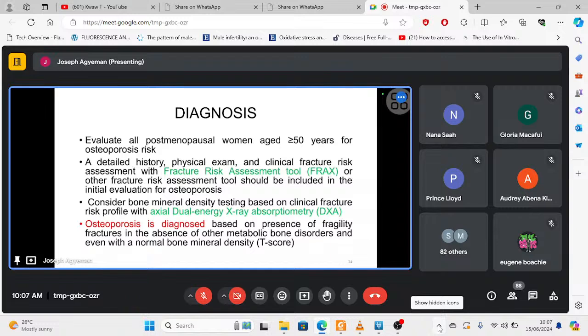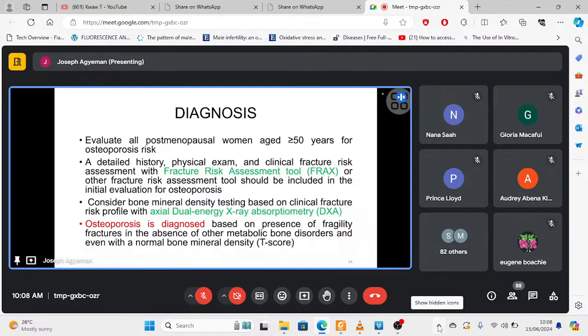And therefore, this could be the underlying cause of osteoporosis. If you don't take a very good history, how are you going to identify some of these problems? So history is very important, as well as physical examinations.